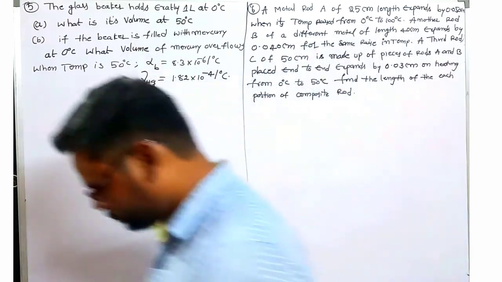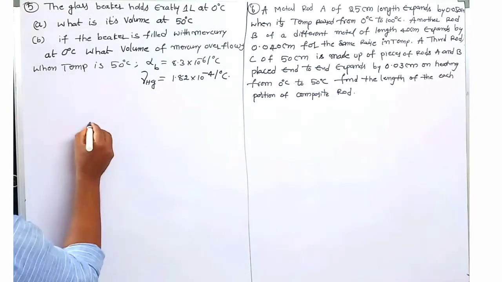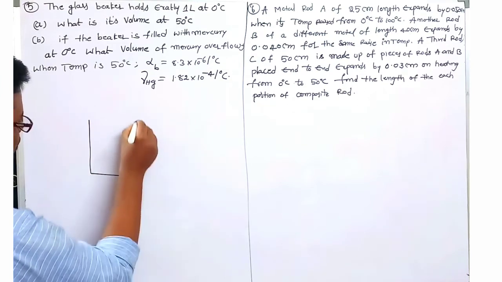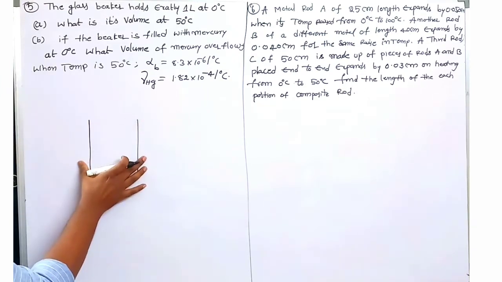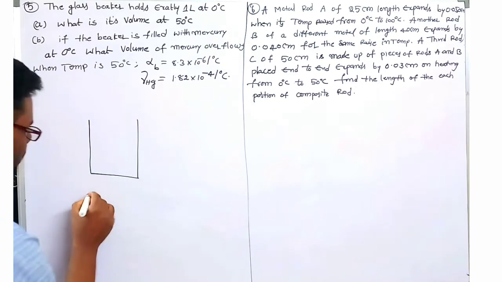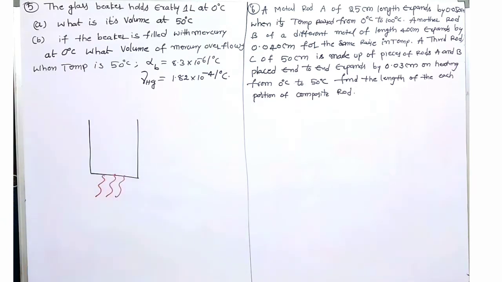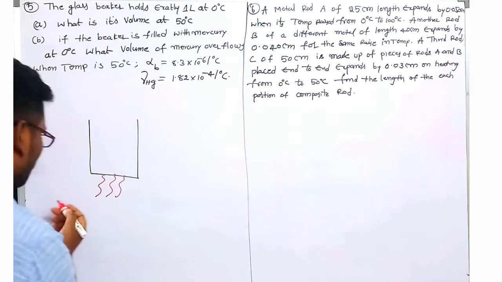So here I am taking this glass beaker, and it holds 1 liter at 0 degrees Celsius. If you raise the temperature to 50 degrees Celsius, the volume is going to expand. So that volume we need to find.